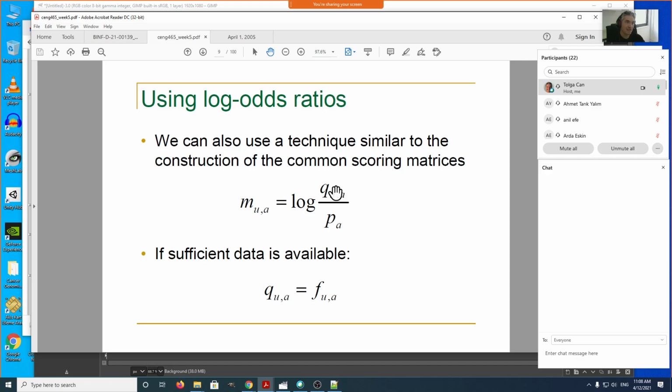Intuitively, it's like this. If in the protein family there is no amino acid of that type in that column, it's impossible to align a new sequence with that character to that column, because it's going to get a minus infinity alignment score at the end.